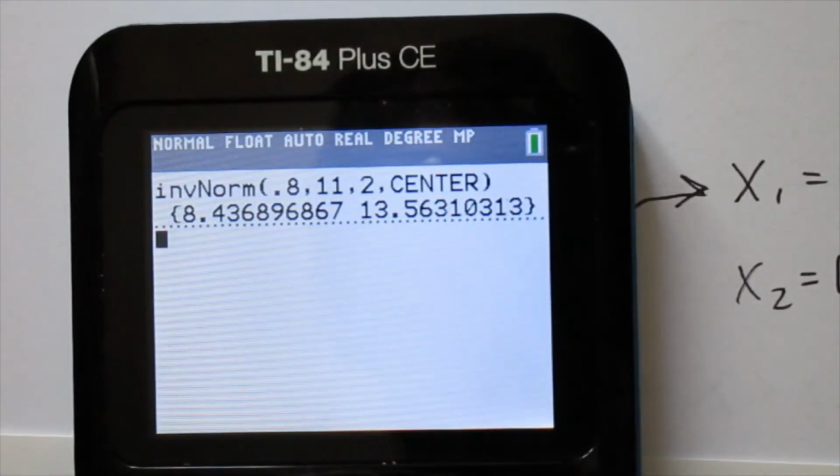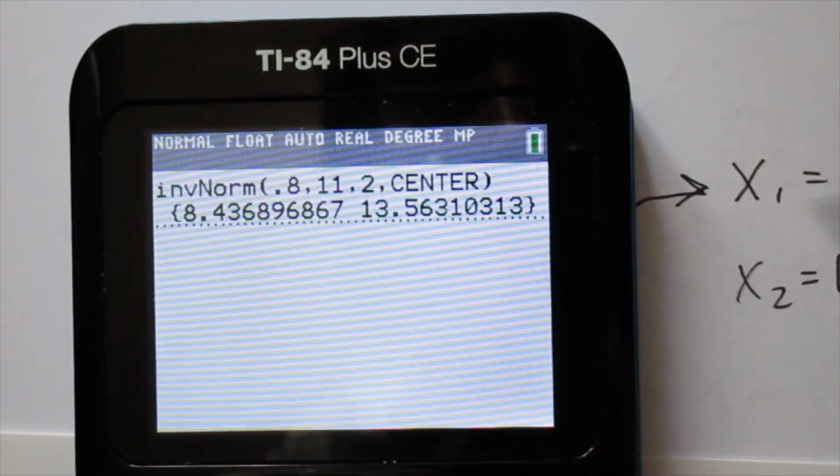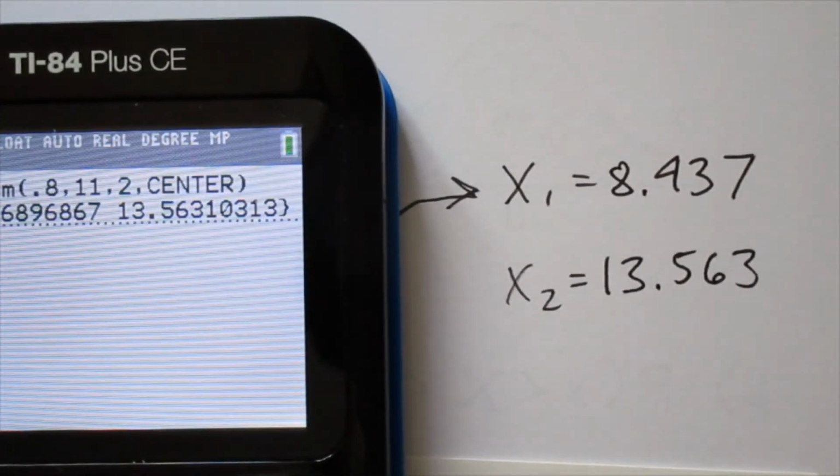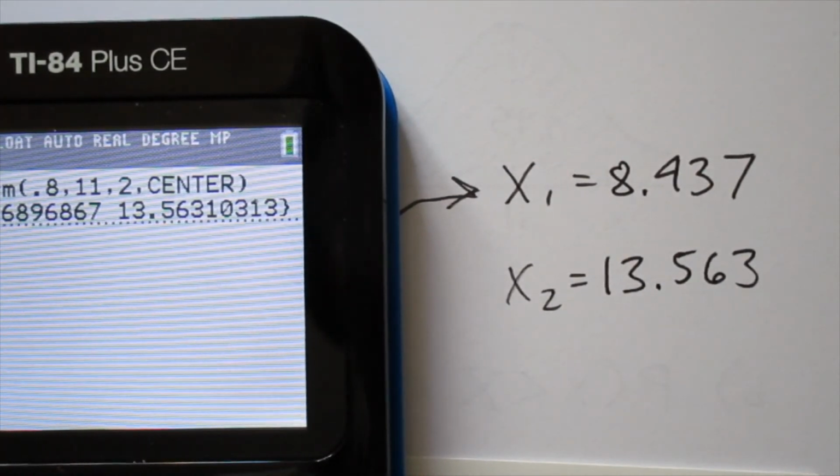On a piece of scratch paper you can carry out more digits if you want, but for the purposes of this video I'm only showing it to 3 places.